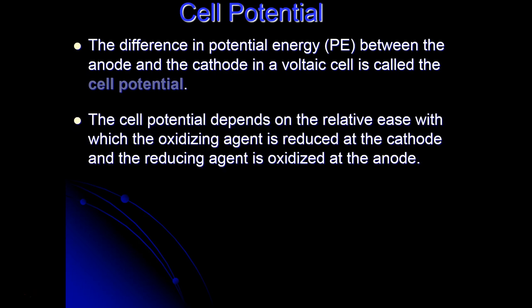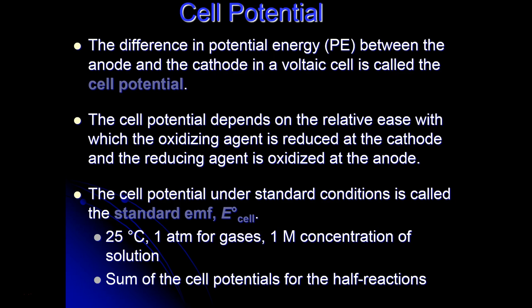Cell potential depends on the relative ease with which the oxidizing agent is reduced at the cathode and the reducing agent is oxidized at the anode. Basically, how much does an atom want to give up its electrons, and how hard is it to actually rip them off, right? And then on the other side, some other atom has got to be super greedy. That's the situation we need to set up.